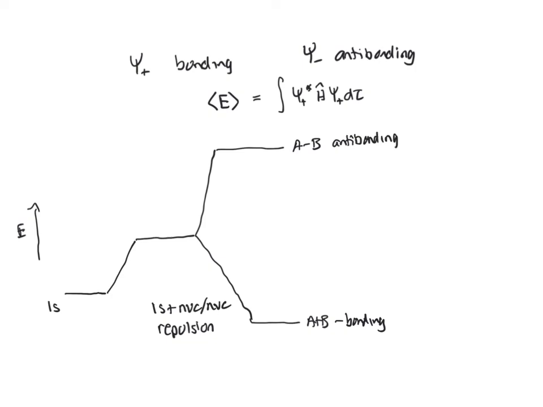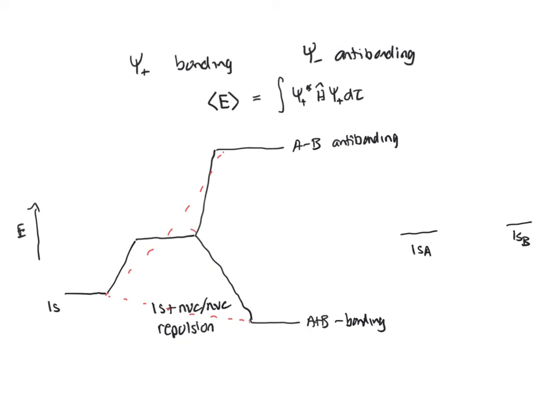And if we draw this out just in terms of two 1s orbitals combining with one another, typically the way we draw this is we have the 1s orbital on nucleus A, the 1s orbital on nucleus B, and notice that the bonding orbital goes down some relative to that, but the anti-bonding orbital goes up more than the bonding orbital goes down.